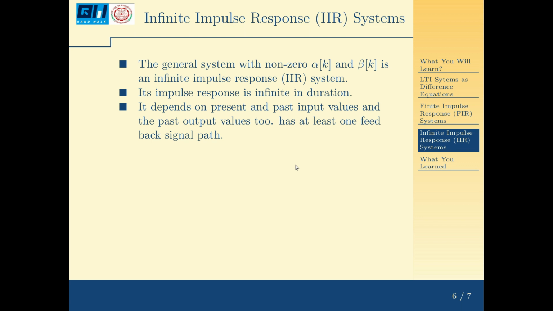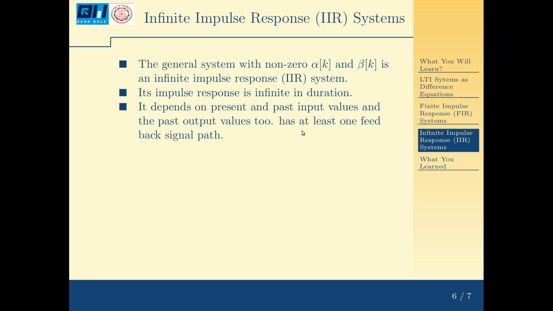Now the second class is the general class of systems, called the infinite impulse response system. That is, a general system with non-zero alpha k and beta k is an infinite impulse response type system. Its impulse response is of infinite duration. This system depends on the present and past input values as well as the past output values.